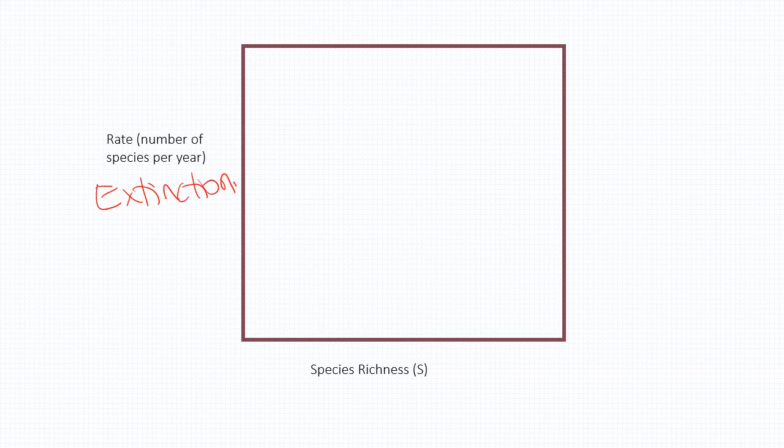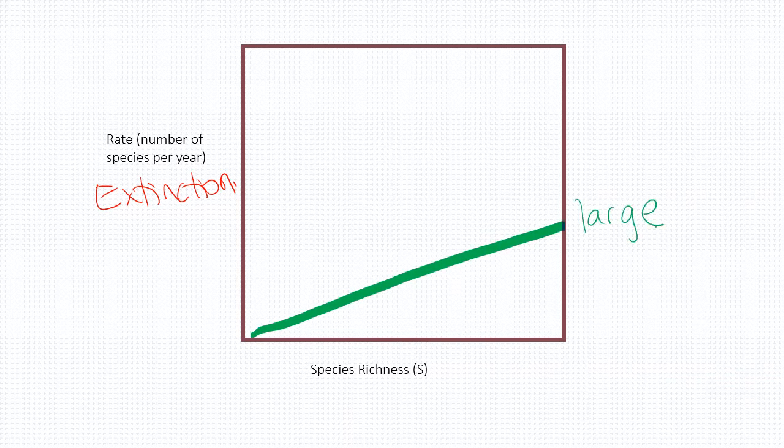And we know that the bigger islands will probably have more resources than the smaller islands. So the extinction rates of a big island are going to be much lower than that of a small island. So I can put the extinction rates of a big island right here, and that would be a large one, versus the extinction rates of a small island, which would be much higher.